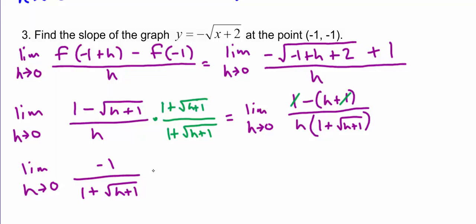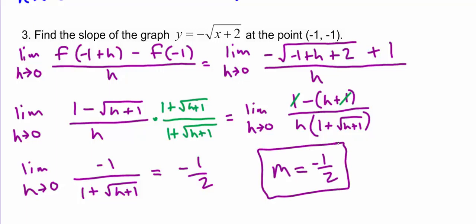Folks, at this point we can go ahead and evaluate our limit. So we can plug in 0 for h. Negative 1 divided by 1 plus 1 would be negative 1/2. That means the slope of this graph at the point negative 1 is exactly equal to negative 1/2.